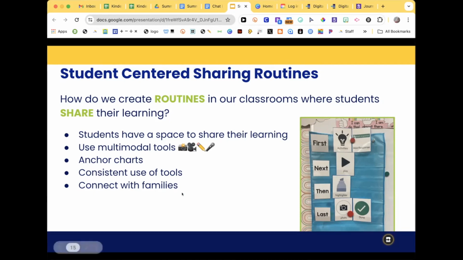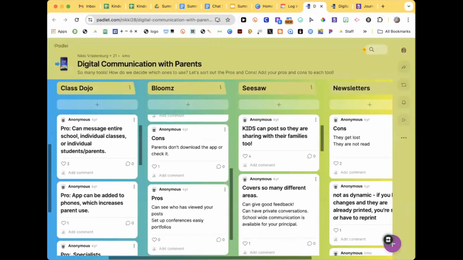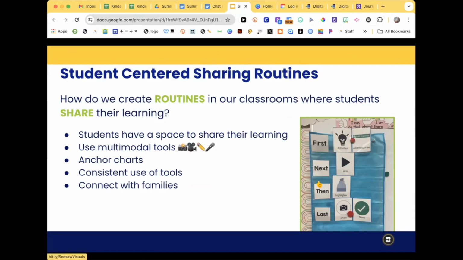And then thinking through how you are going to connect with families. If that's not embedded right in, once they make those Chatterpix pictures, how do families get to see that? Maybe it's putting it on a Padlet like we had up here. I could add those onto a Padlet and share that with families. I could put it in Google Classroom. I could put it in an email. I could put it in Seesaw.